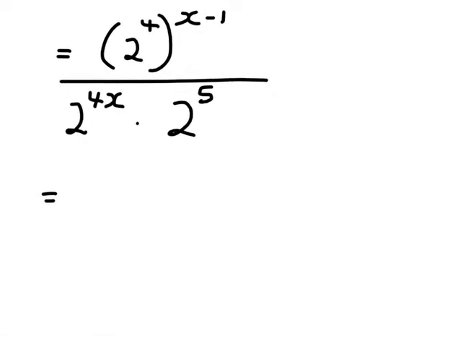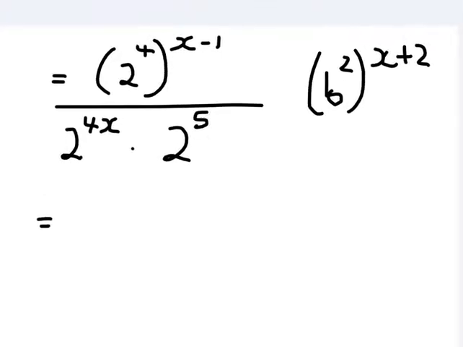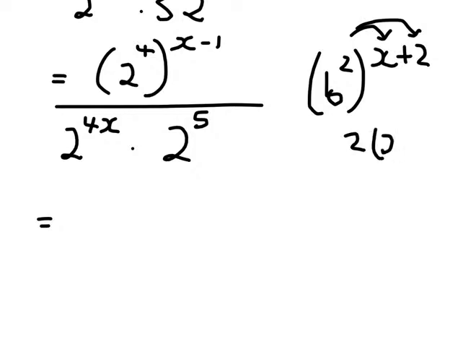Now that you've done that, all that you need to do is to apply the law. So remember, if you have a base to the exponent of 2, let's say as an example, and then you may be having x plus, let's say, 2. The law says this exponent will multiply each of those. It will multiply that, and again it will multiply that.